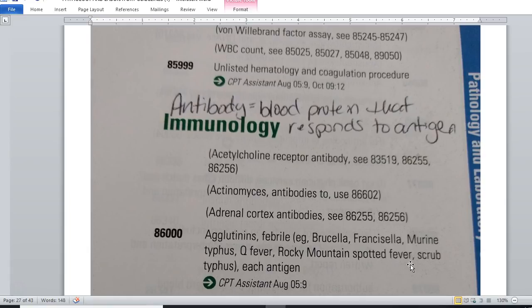So if you get to page 573 in your code book, you're going to see things like antibody, and they're going to list a lot of these, which you're going to find in your infectious and parasitic diseases in chapters 1 and 2 in your ICD-10 book. So we have things like Aspergillus, Bartonella, Bordetella, Candida, Cryptococcus, encephalitis, Epstein-Barr, helminths, which are our worms that people get.